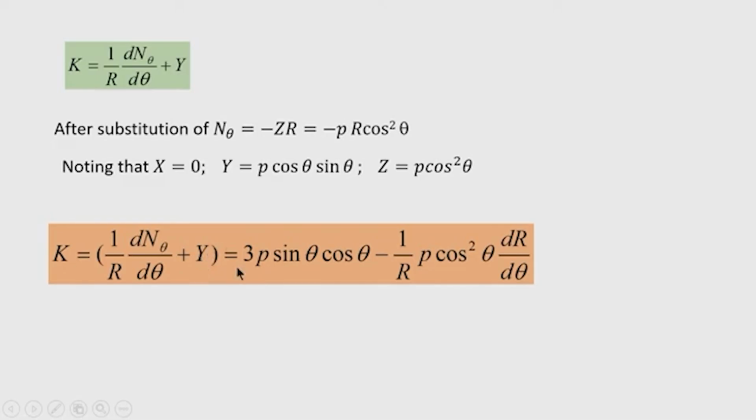Then the simplification is possible when you know the value of r, and if you know r as a function of theta, again you can differentiate this quantity. For a directrix which has constant curvature, that is, the radius of curvature is constant along the length of the curve, the last quantity dr d theta will be 0. So this will not exist in the case of a shell with constant radius of curvature like a circular cylindrical shell.